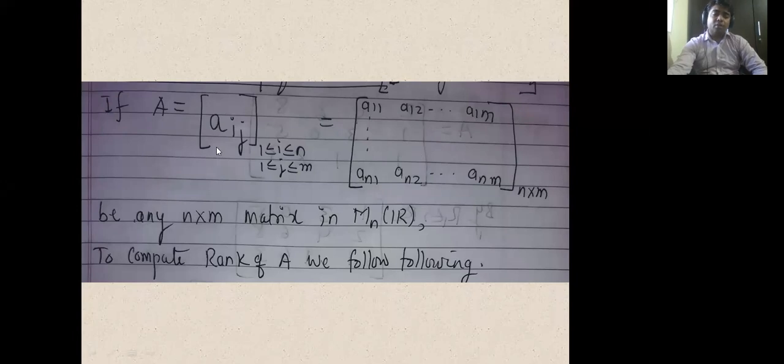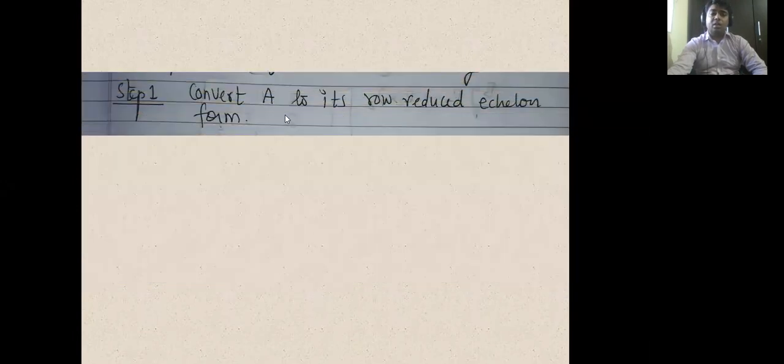To compute the rank of this matrix, we follow these steps. Step number 1: remember this, convert the given matrix A to its row reduced echelon form.